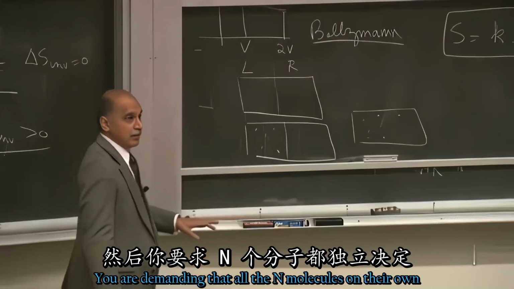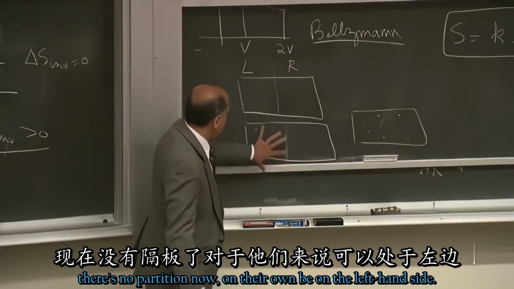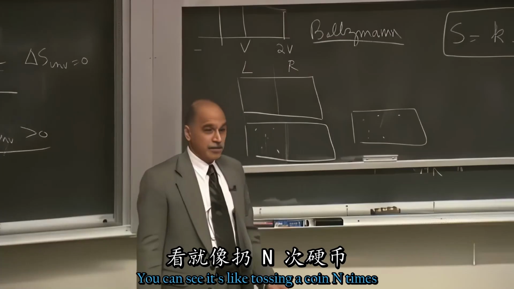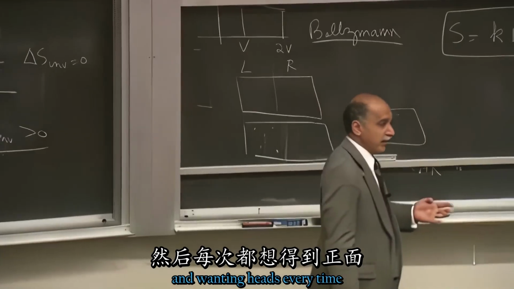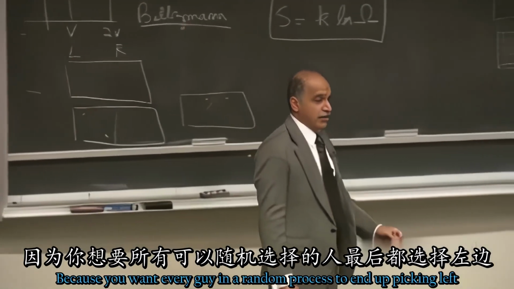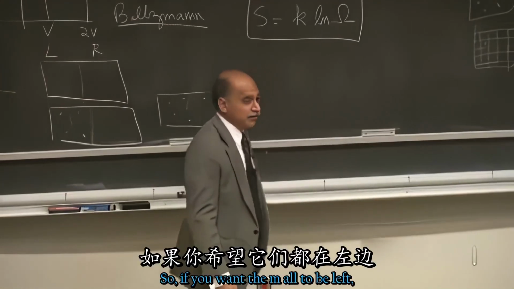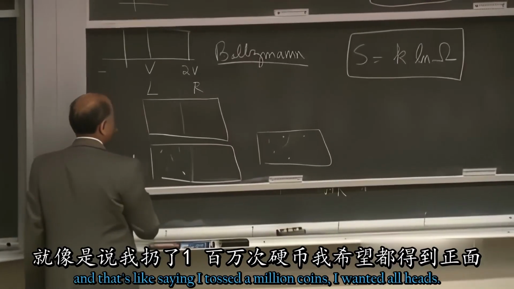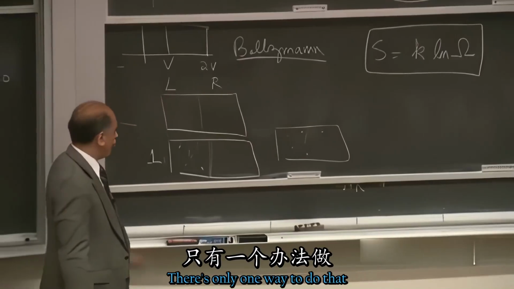You are demanding that all the n molecules on their own, there's no partition now, be on the left-hand side. You can see that it's like tossing a coin n times and wanting heads every time. Because you want every guy in a random process to end up picking left. So if you want them all to be left, there's only one way to do that, and that's like saying I tossed 1,000,000 coins, I wanted all heads. There's only one way to do that.